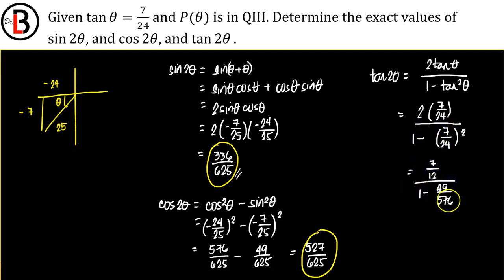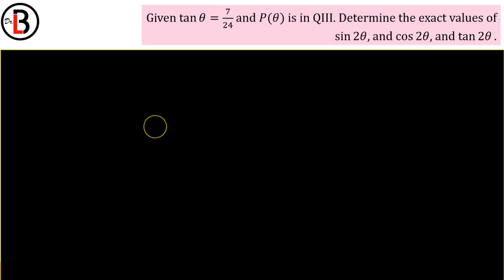This is 1 minus 49 over 576 is 527 over 576. So 7 over 12 over 527 over 576. You'll have 336 over 527. So let's go to another one.